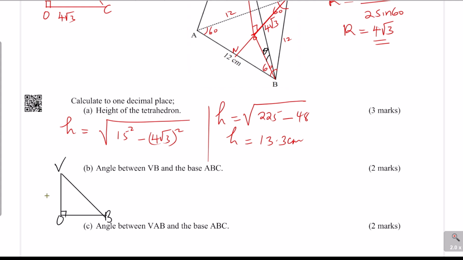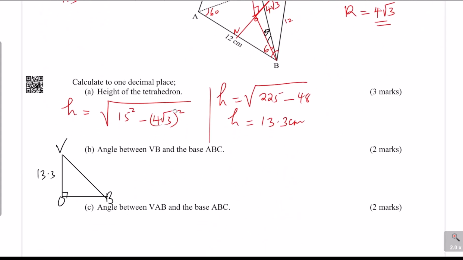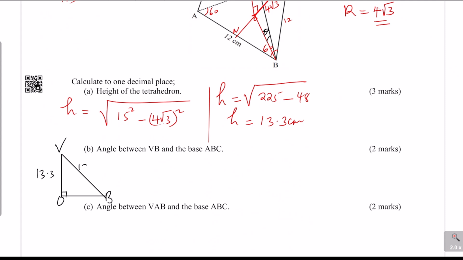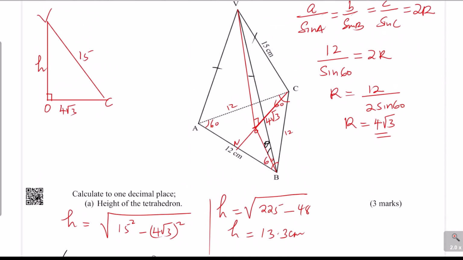So this is the perpendicular height that we just got, that is 13.3, and then VB, let's look at VB is 12, the slant heights are 12, so these will be 12. So we can get this required angle. You can check from the diagram there.